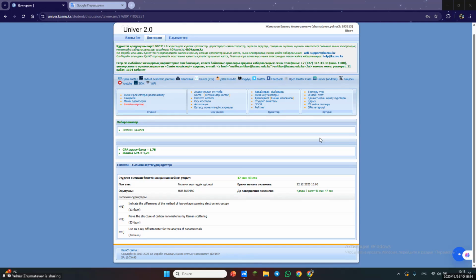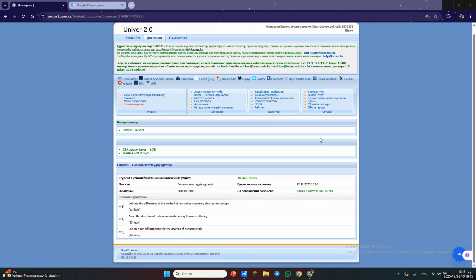What type of samples do you use with low voltage SEM? Non-conductive materials, biological samples, nanomaterials can use this method. What are the advantages of this method?